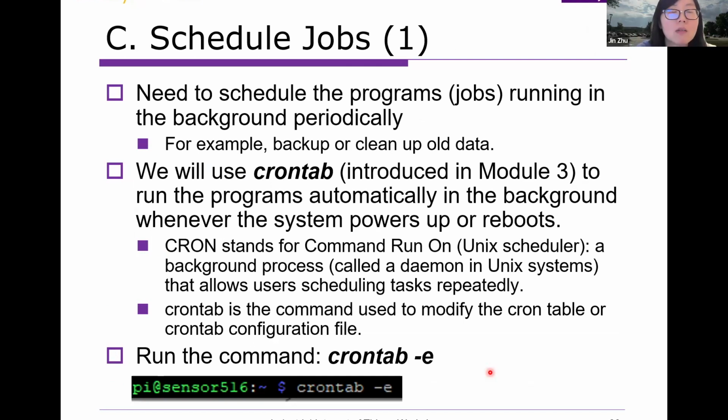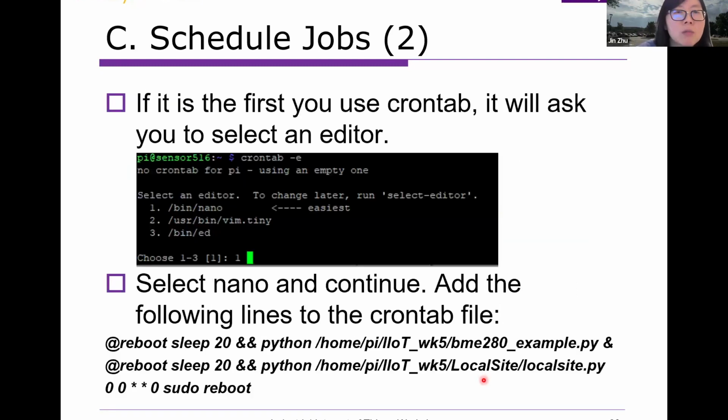For example, if I want to clean up the older data, obtain the sensor data, and run the service, running that Flask web server, you want to run it in the background. So we'll use the crontab over here.